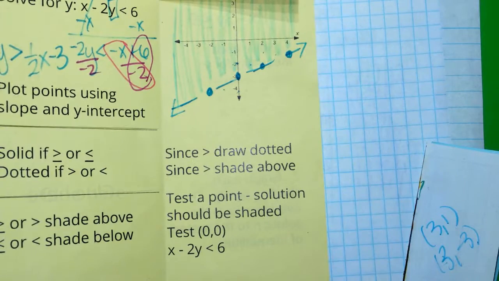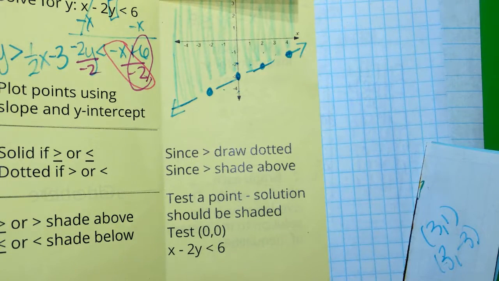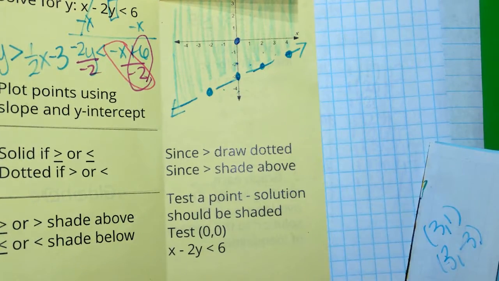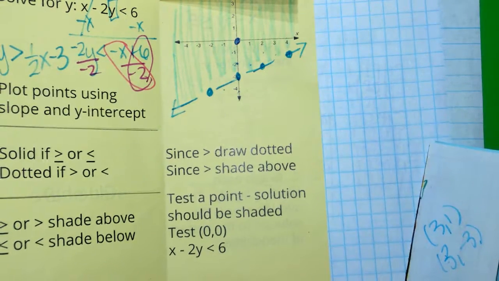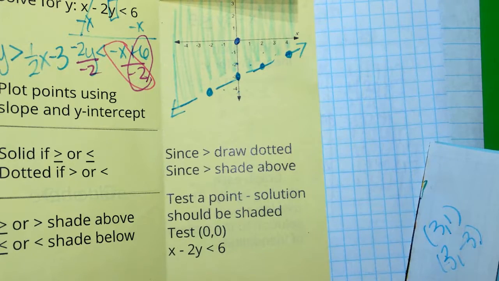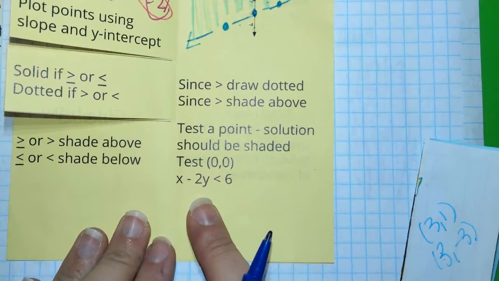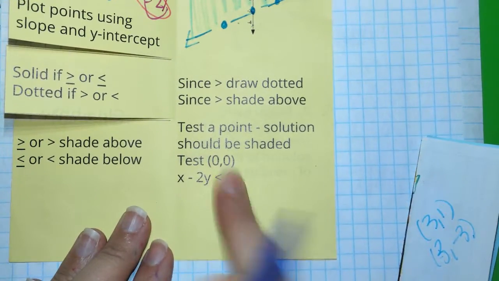So everybody put a dot with a marker or something on 0, 0. Is that in the shaded region? Yes. So that means that we should be able to plug it in here and our inequality be true. So we have 0 is x, 0 is y.